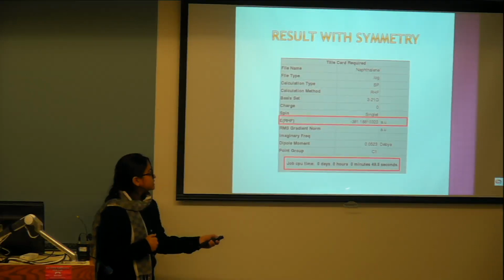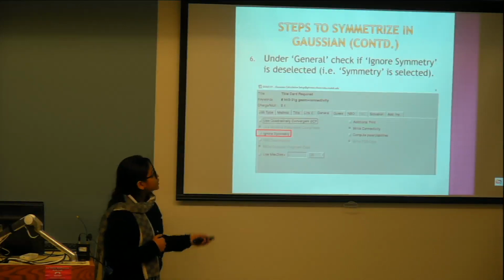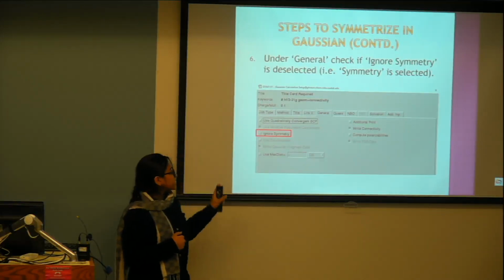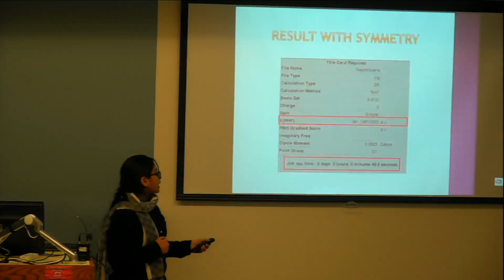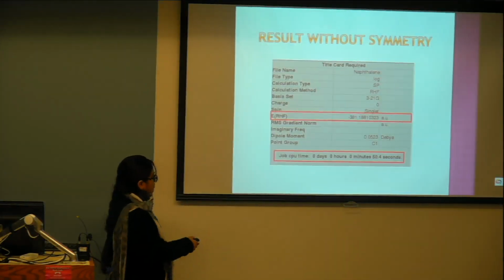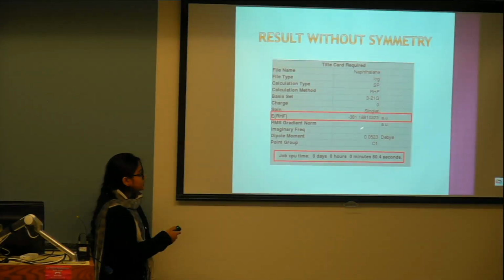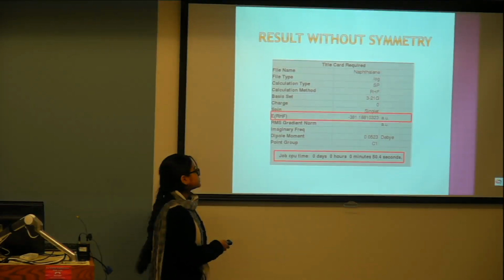This is the job CPU time, which is 49.5 seconds. Now, we go back to general again and select ignore symmetry, that is, we are not selecting symmetry now. The result that we get is the same energy, but the job time has increased to 50.4 seconds.